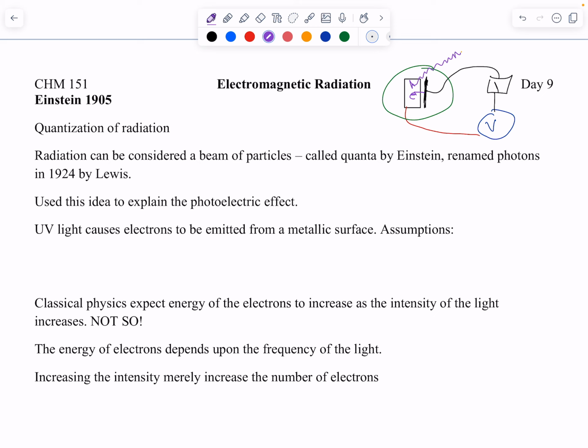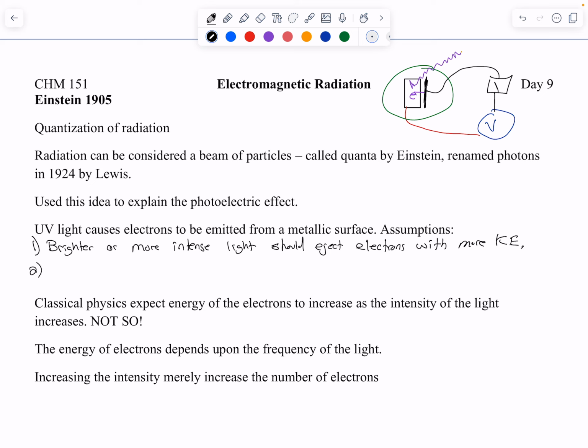And so the assumptions would be, we'd have two assumptions with this if we were doing this, all right? One, brighter, or more intense light, should eject electrons with more kinetic energy.